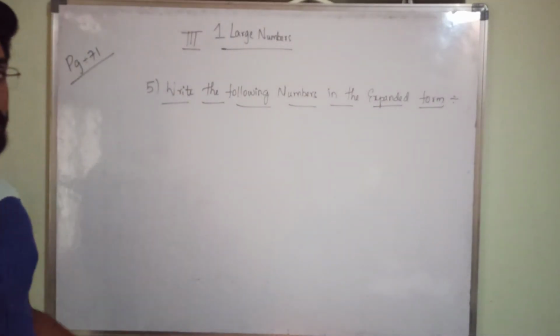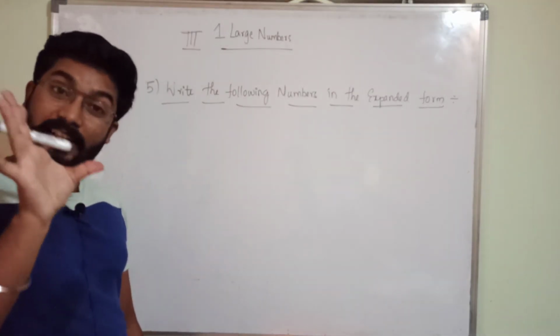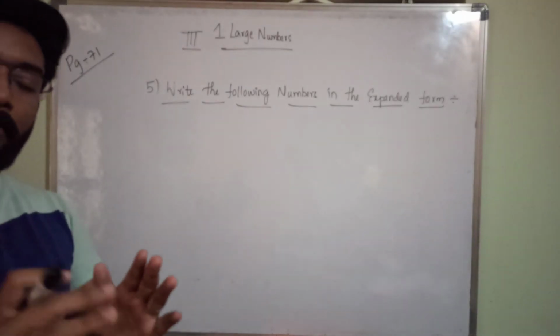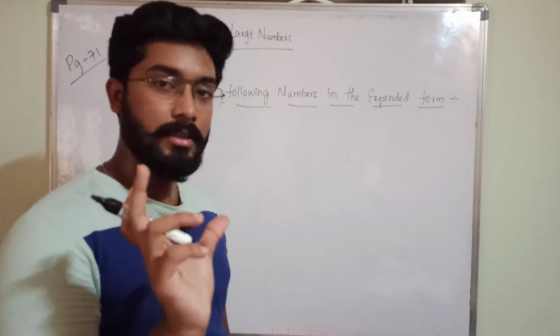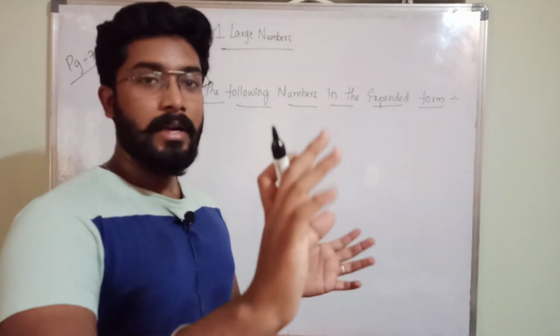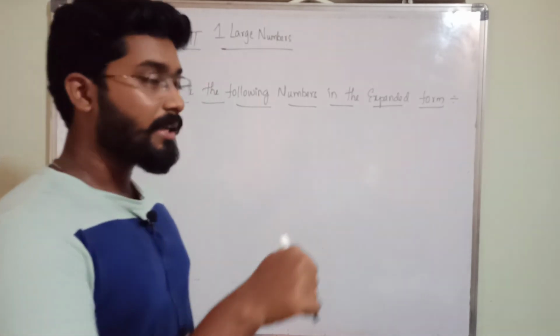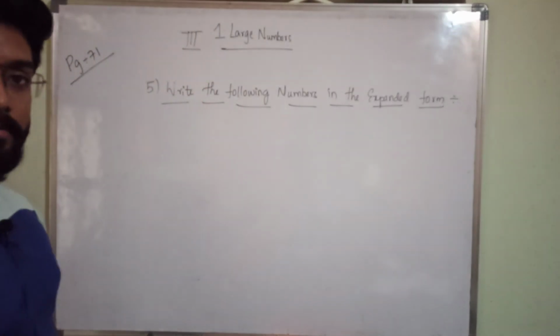This is the question. In the previous bit, he gave some numbers in expanded form. We added all of them and converted them into numerals. Yes, he gave expanded form and we had to write the numeral in the previous bit. But here he gave the number and we have to write the expanded form. We have to do the reverse.